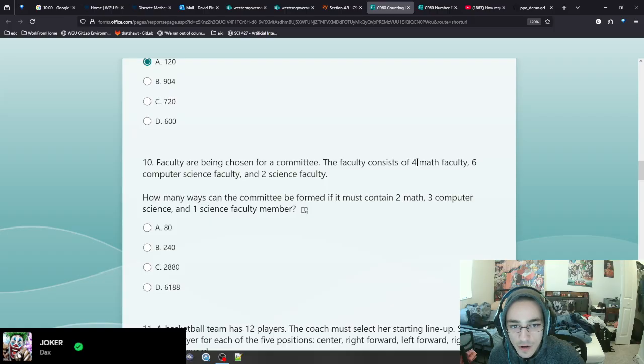So we're gonna have 4 digits, 4 1s or 0s, 6 1s or 0s, and 2 1s or 0s. And the requirement here is, it says we need 2 math. That means there's going to be 2 1s in this bit string. This one means there's going to be 3 1s in this bit string, and this means there's going to be 1 1 in this bit string.